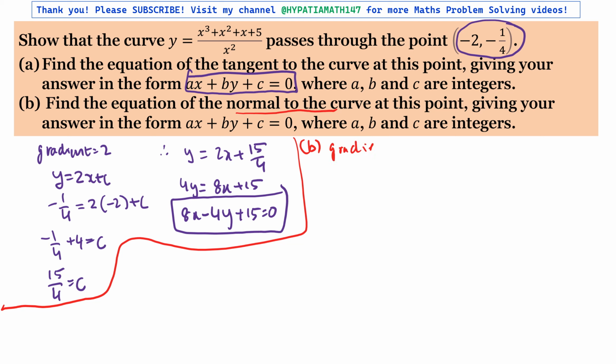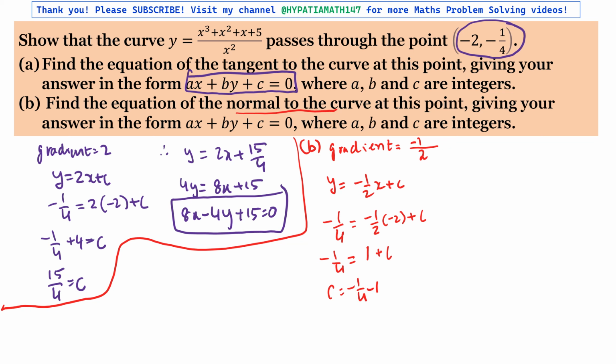So minus 1/2. Therefore we can write the equation as y equals minus half x plus c, and once again it passes through (-2, -1/4). So minus 1/4 equals minus half times minus 2 plus c. So minus 1/4 equals 1 plus c. C equals minus 1/4 minus 1. That is minus 5/4.